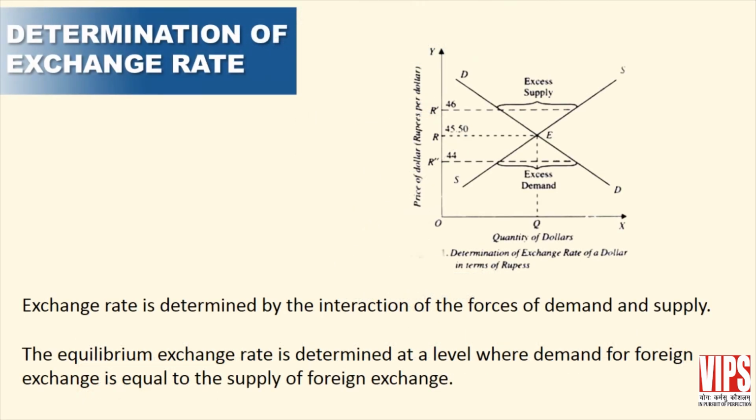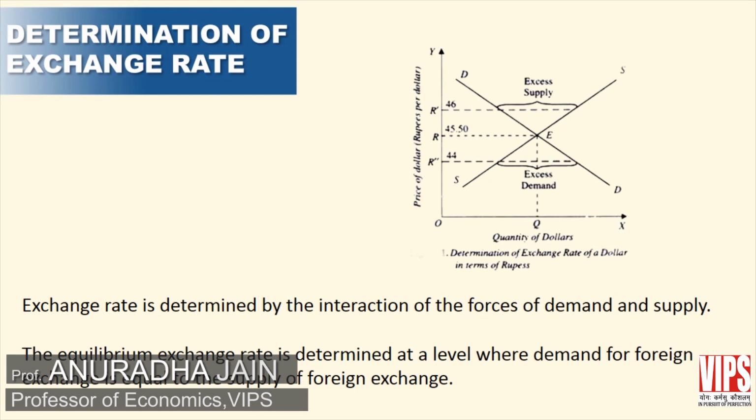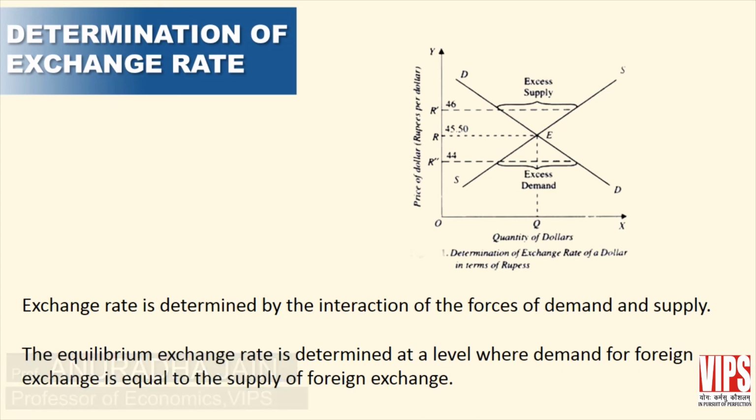After discussing the demand and supply curve of foreign exchange, we can discuss the equilibrium exchange rate. The equilibrium rate of exchange is determined at the point of intersection of the demand and supply curve of foreign exchange, as we can see in the diagram.